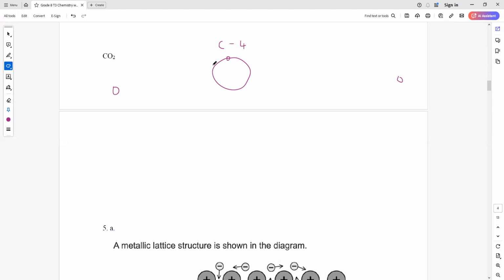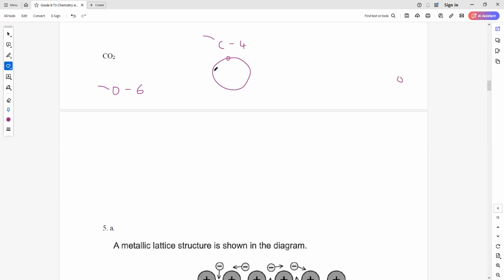In the oxygen, we have 6 electrons, right? So here you should know that carbon can make 4 bonds, and oxygen can make 2 bonds, right? So the common is 2. So between this carbon and oxygen, 2 bonds will be formed.